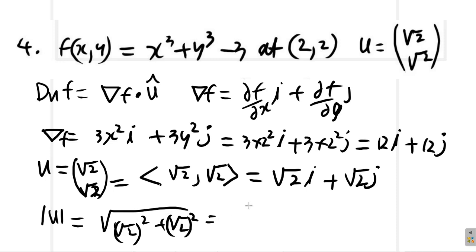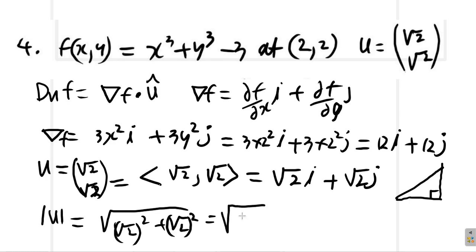So remember, it's like you have square root of 2 i going this way, square root of 2 j going this way, and then the hypotenuse of that right angle triangle giving the magnitude. So it's going to be what?